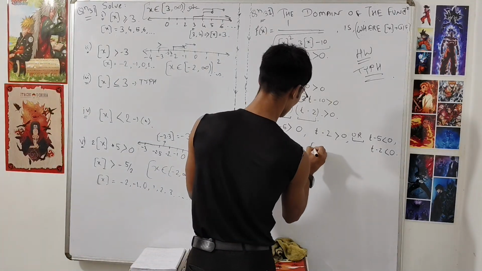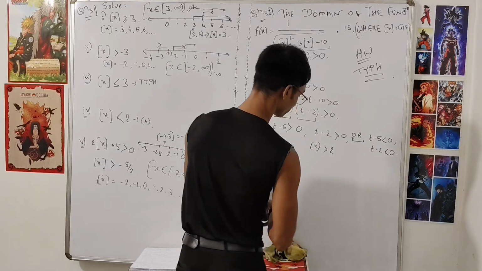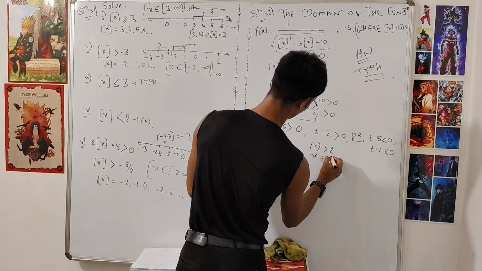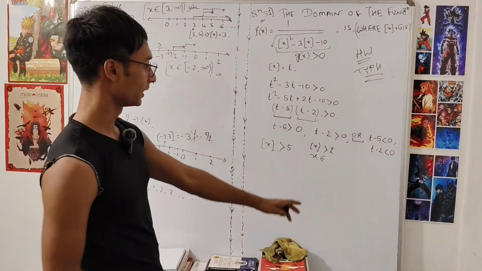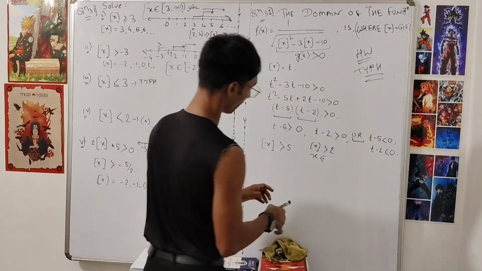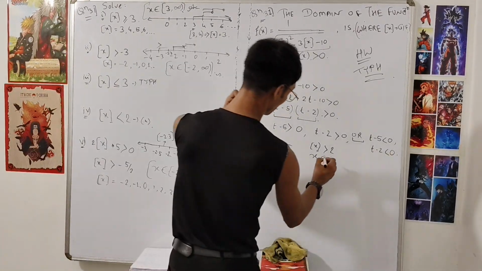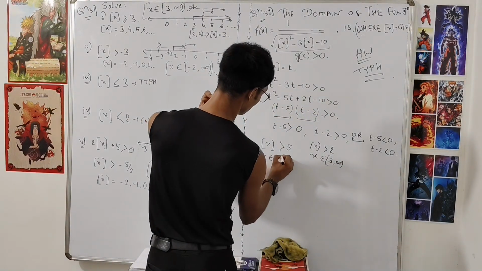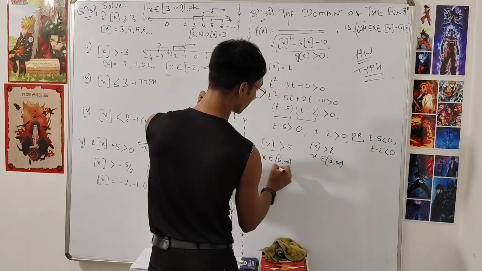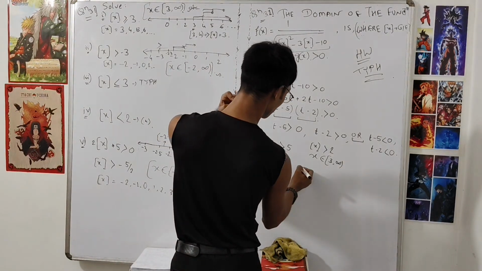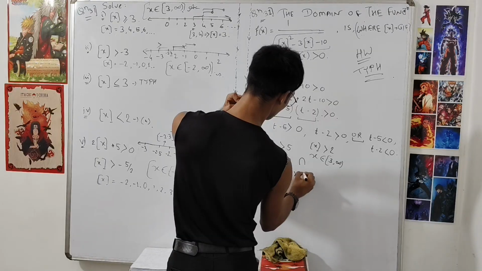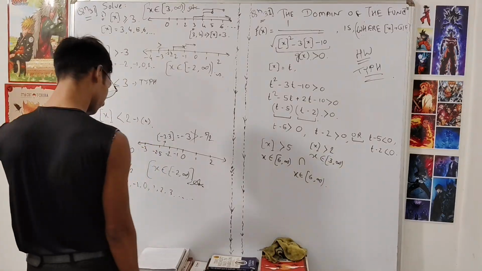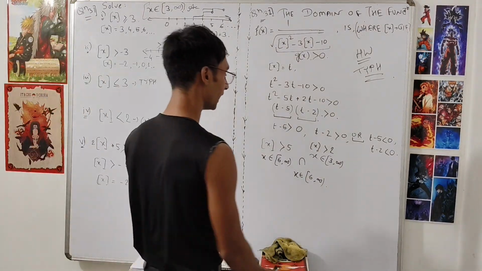From here also [x] is greater than 2. Okay, so here x belongs to how much? If we put 2.5, then also it will give 2. So 2 we do not need, right? So x belongs to [5, infinity), and from here x belongs to [6, infinity). So we have to take the intersection of both, right? When we take the intersection, x belongs to [6, infinity).